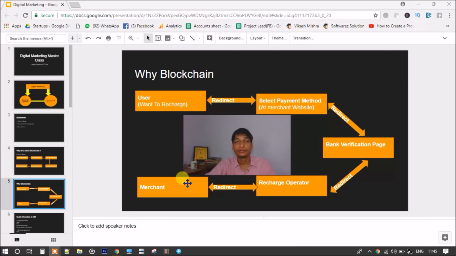And let's say there is an error at any point, at this point, or in the transaction at this point or this point. It is very difficult to identify where exactly this error has occurred. Let me explain this with an example.